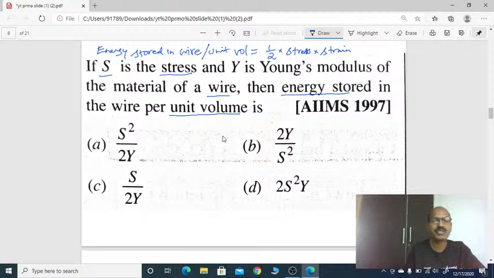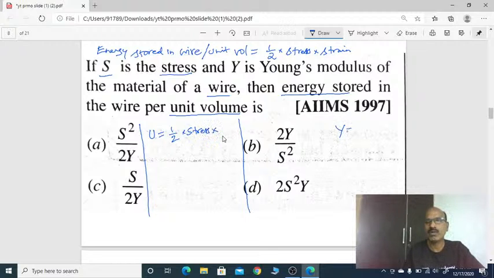Now the same you substitute. The energy stored, U equals half into stress into strain. We know Young modulus equals stress by strain, right? So from this, strain equals stress by Young modulus.